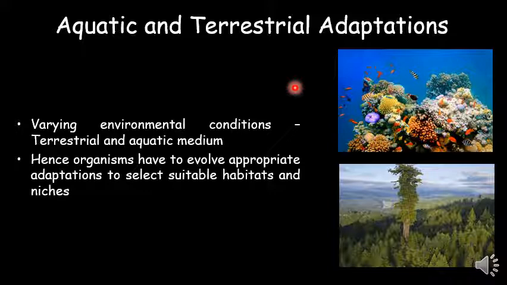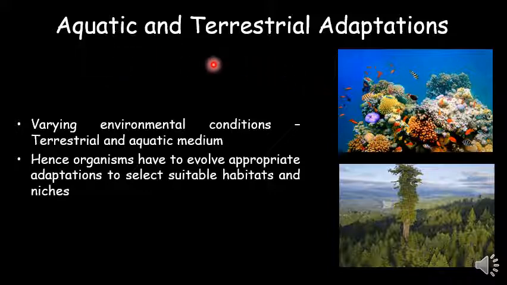Then we also studied how different animals under different circumstances exhibit different kinds of behavior to survive better in their environment. Then we have seen physiological adaptation, where animals exhibit different kinds of metabolisms in different situations.